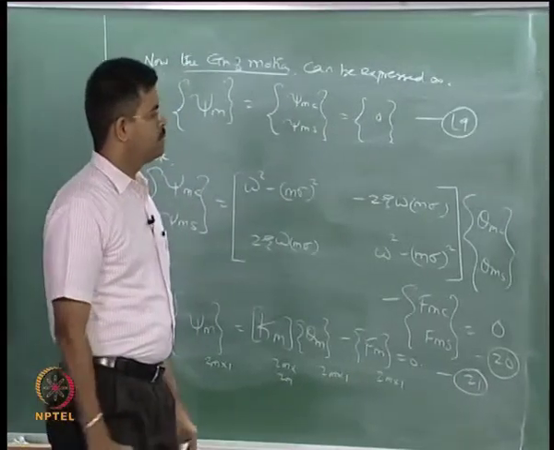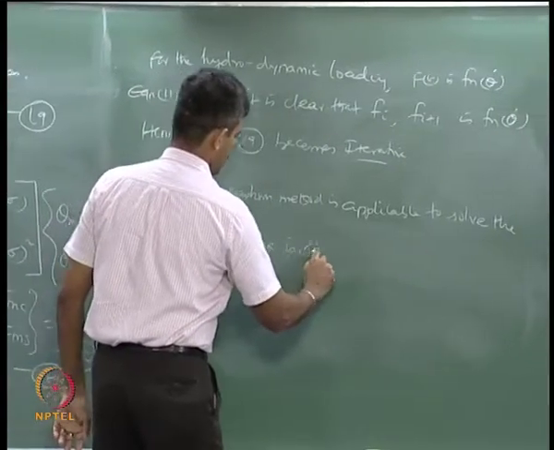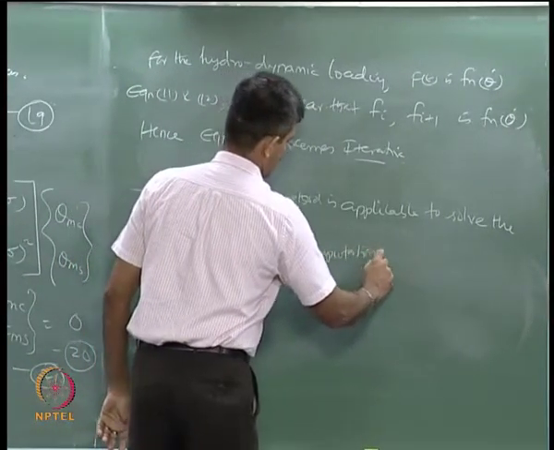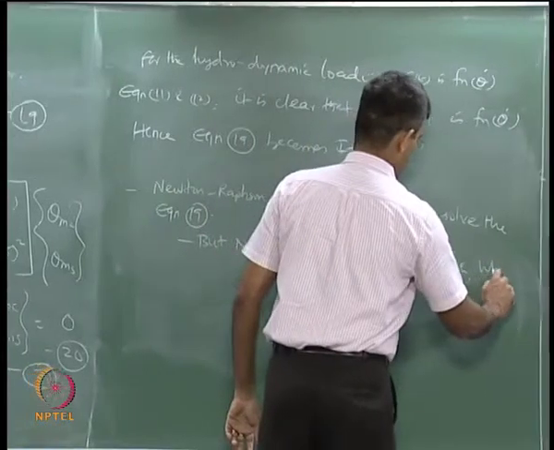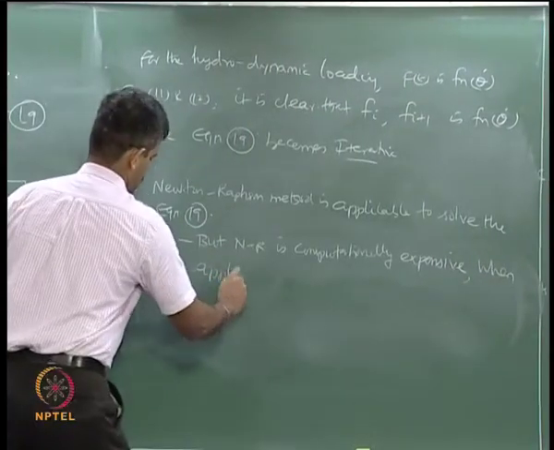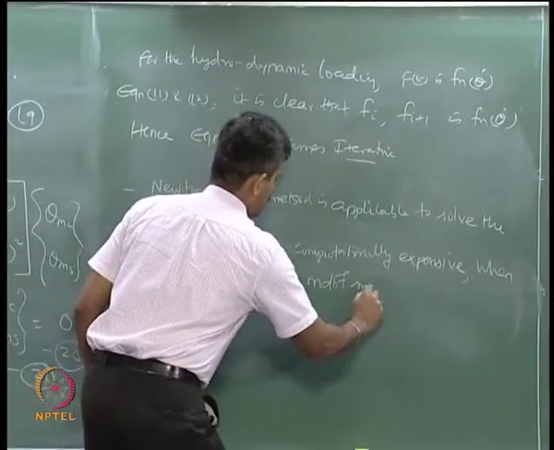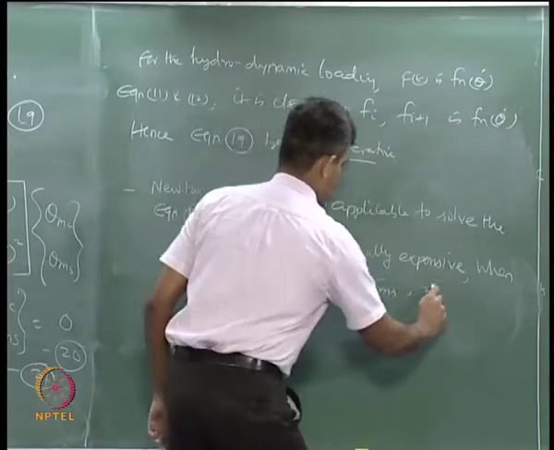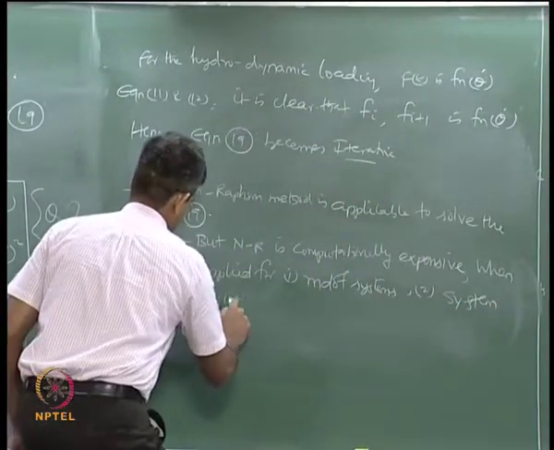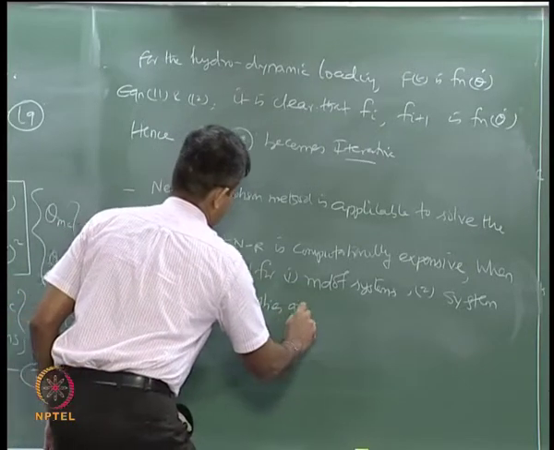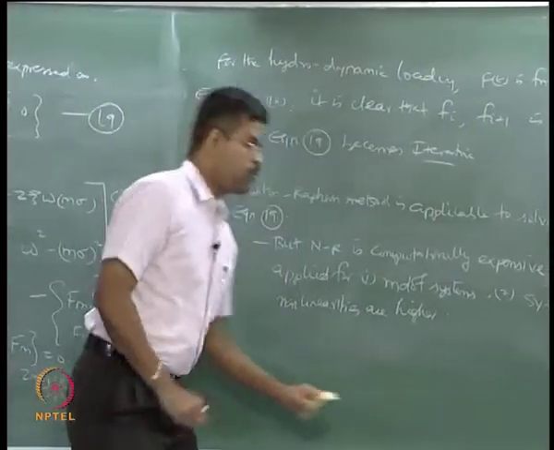But the Newton-Raphson technique is computationally expensive when you apply it for, one, high multi-degree of freedom system models, and two, when the system nonlinearity is higher. So, what is the alternative solution for this? People use Jacobian.